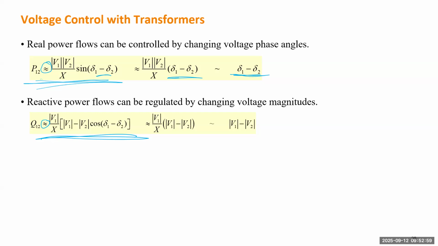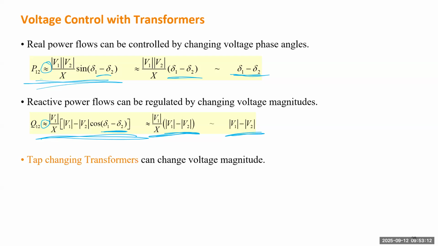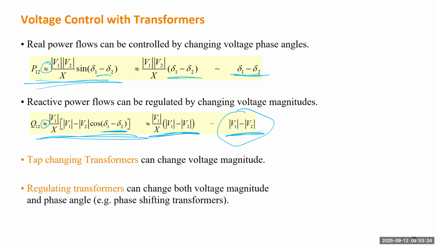If you want to consider loss, you need to use another, more accurate formula from the previous section. So if the angle difference is very small, the reactive power mainly depends on the voltage drop or voltage difference. So a tap changing transformer will utilize this idea to influence the reactive power flow, such as to control the voltage magnitude.